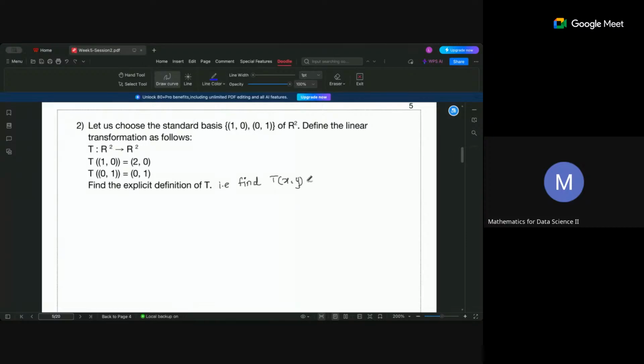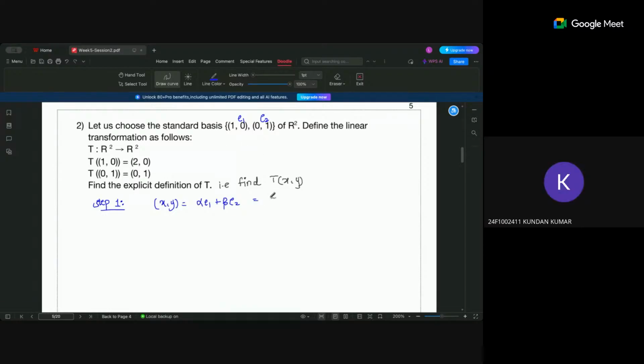Now, how will you find T of x comma y? Any idea? We will try to write it in a standard form. So the first step is this: let us say this is your e1, this is your e2. So step 1 is that you write x comma y in terms of e1 and e2. So what are your coefficients alpha and beta here?